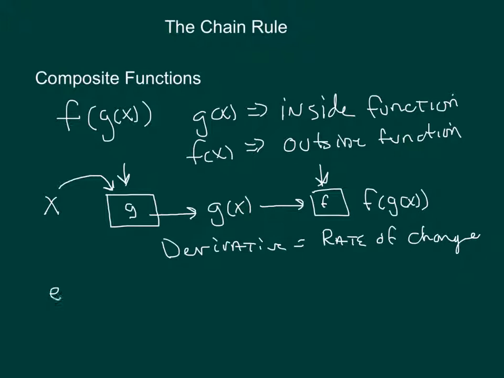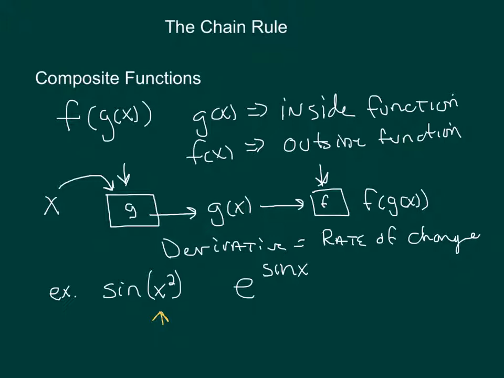So an example of a composite function could be the sine of x squared. So in other words, we would put a value in for x, and it would be squared before sine ever acted upon it. Another one could be e to the sine of x.